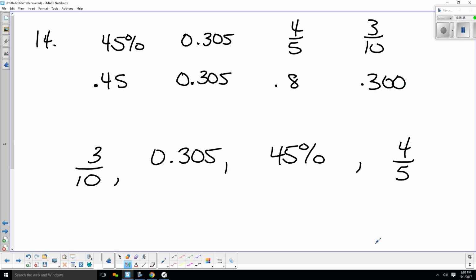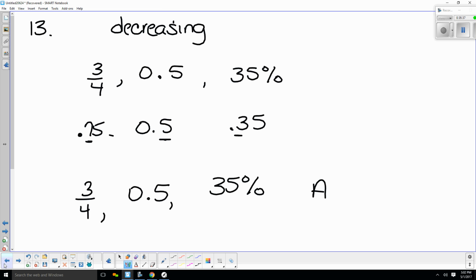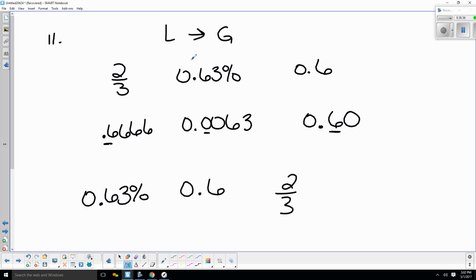11. Yes. What we're going to do on number 11 is it said to put them in order from least to greatest. Okay, so I changed all of my numbers to the same thing. So I changed them all to a decimal. From there, when I look at my tenths place, I want the smallest. So in this case, my 0 was the smallest tenths place, so it's going to go first.